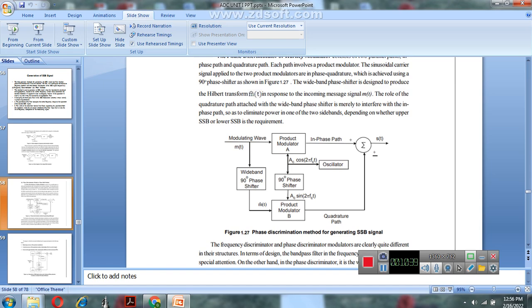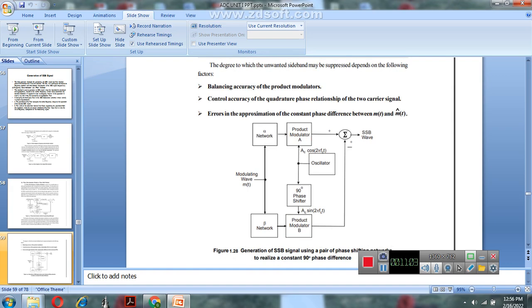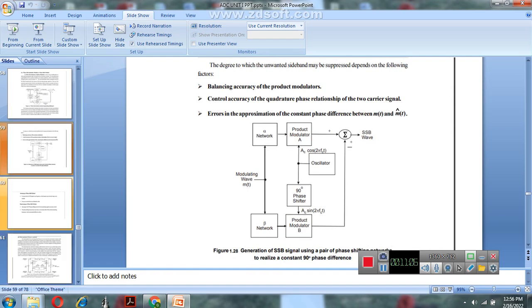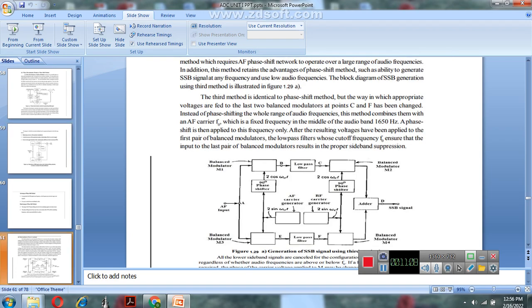Weaver's method can be used to overcome this disadvantage. This is the block diagram of generation of SSB using the third method, or Weaver's method.